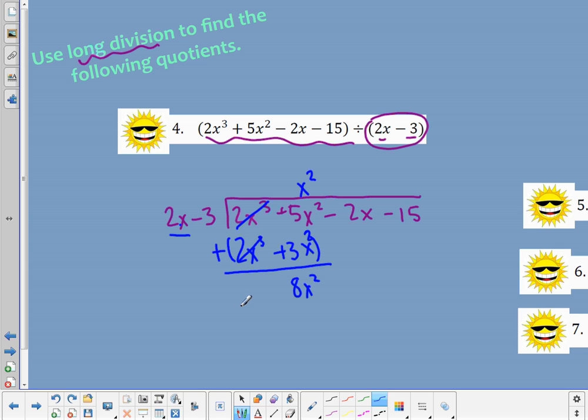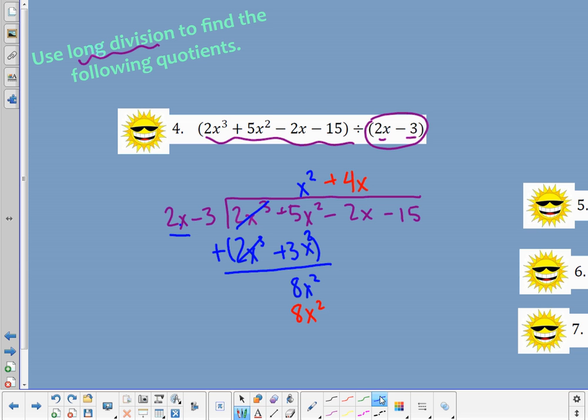So if I keep going here, now I need to ask myself the same question again. What do I need to multiply 2x by to get to 8x squared? Well, 2 times 4 gives me 8, and x times x gives me x squared, so I need a 4x. So then I'm going to take that 4x and multiply. 4x times 2x is 8x squared.